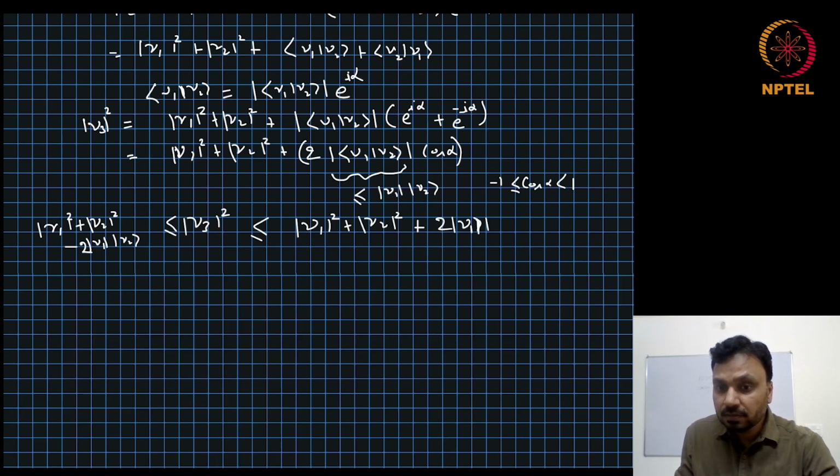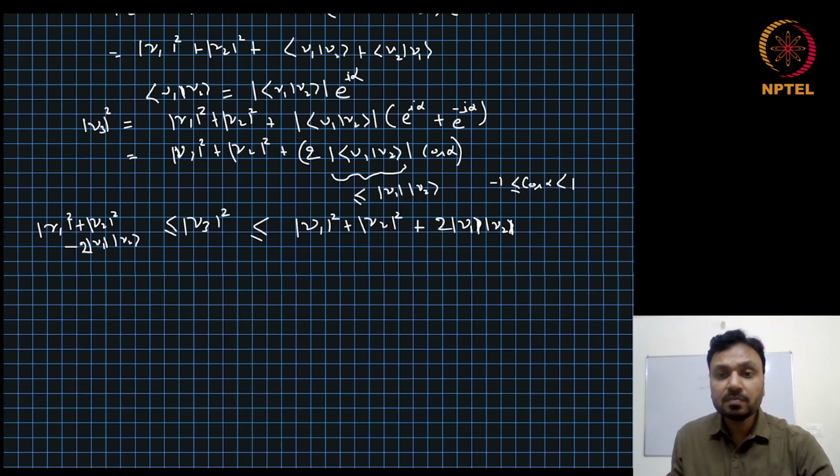What we have done here is, if cos alpha is maximum, the maximum value of it is +1, then replacing v1 v2 with v1 mod times v2 mod, this quantity is always greater than v3 mod square.